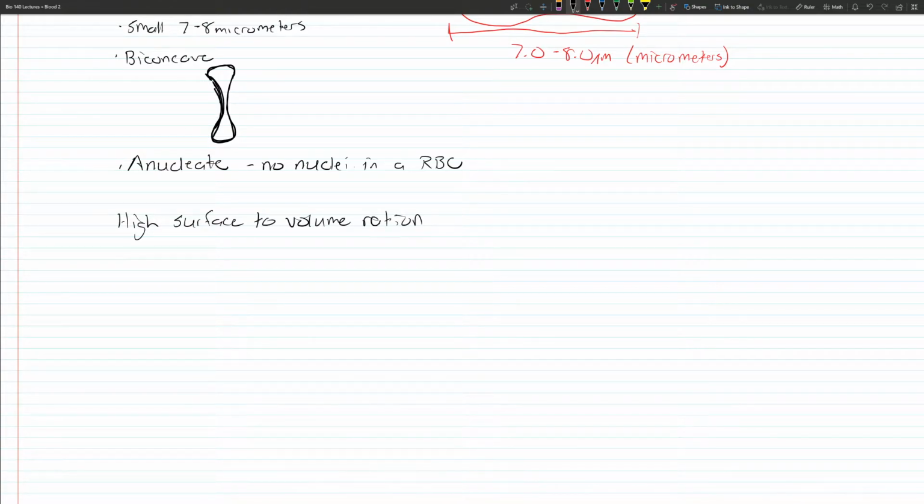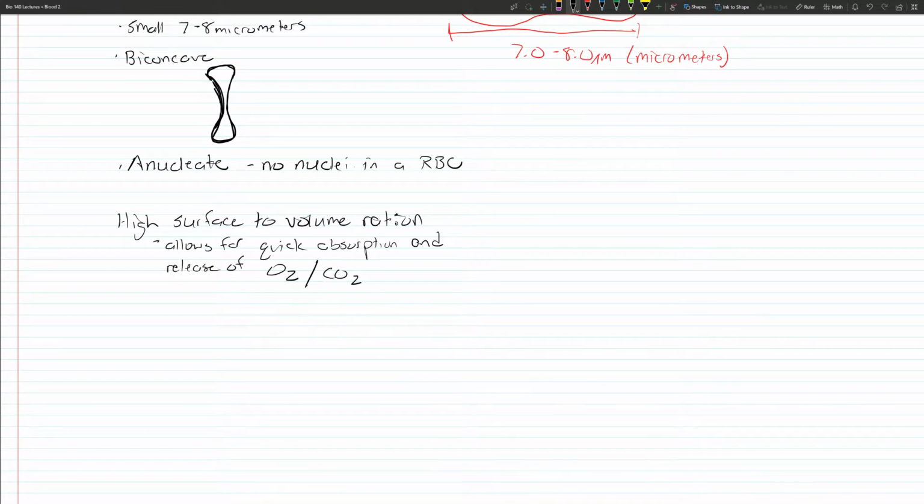That means there's more surface than volume, and this allows for quick absorption and release of oxygen and carbon dioxide.